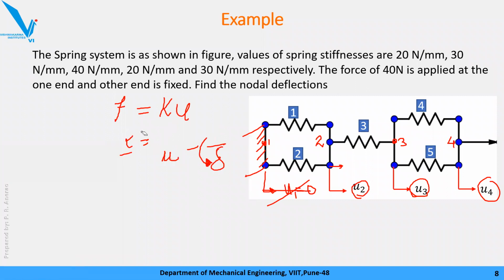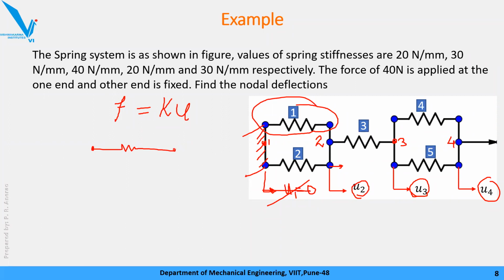We are going to use a governing equation, F equal to K times U. Now if we look at only the first spring, one point is fixed, and the other point suffers some kind of deformation.